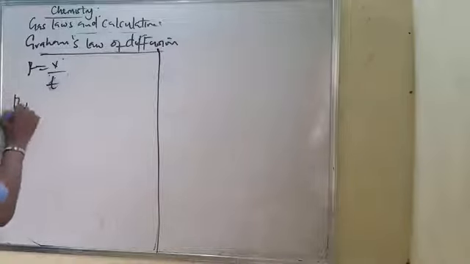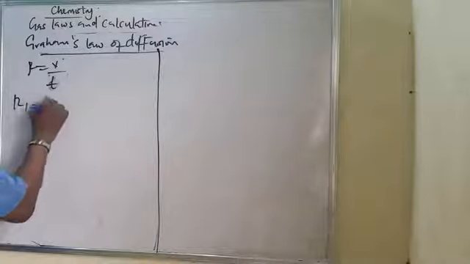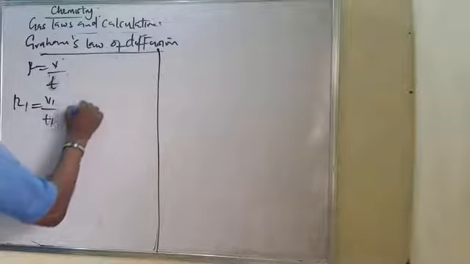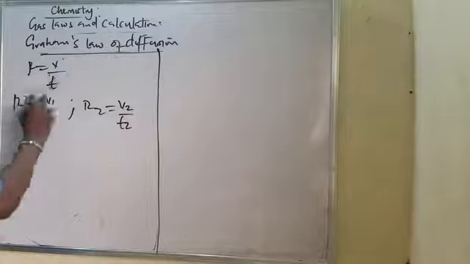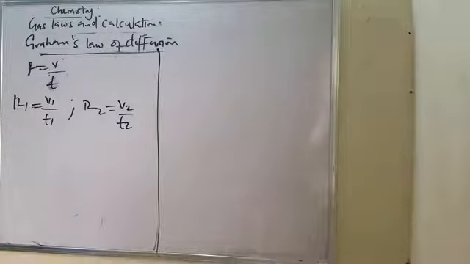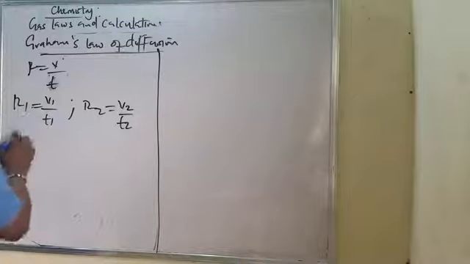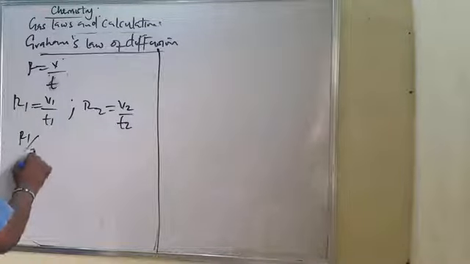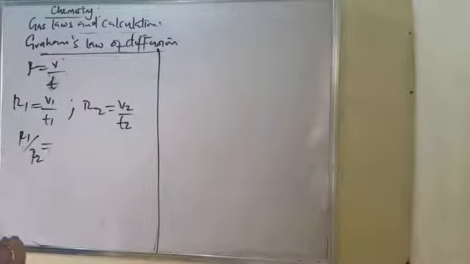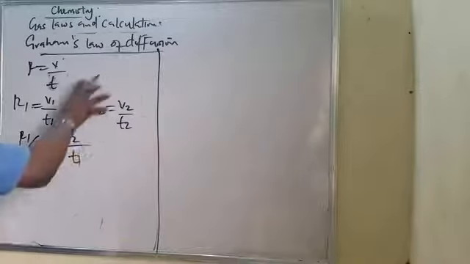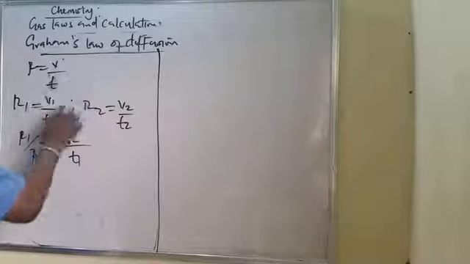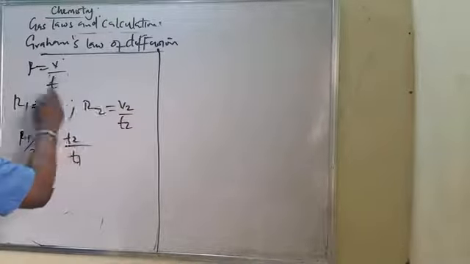My R1 will be V1 over T1, then my R2 will be equal to V2 over T2. Now, supposing these two gases have the same volume, I can combine these equations to say R1 over R2 is equal to T2 over T1, by subjecting it inversely to get the time, because the volume is the same.